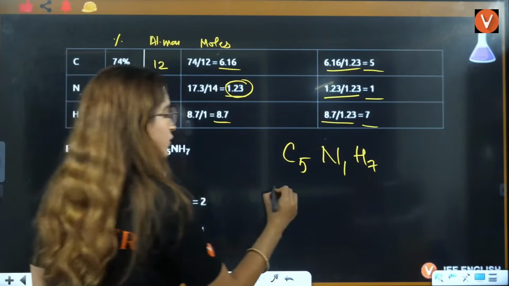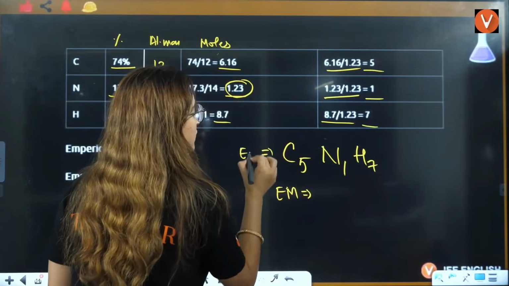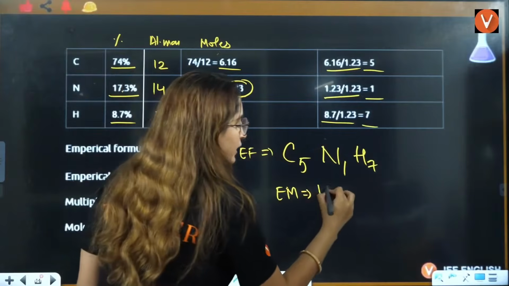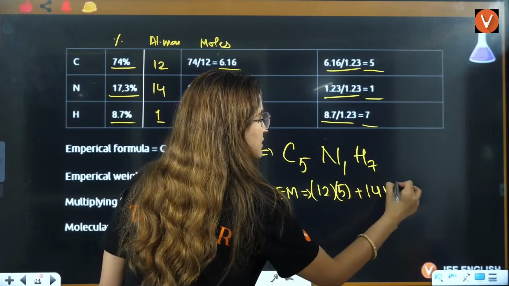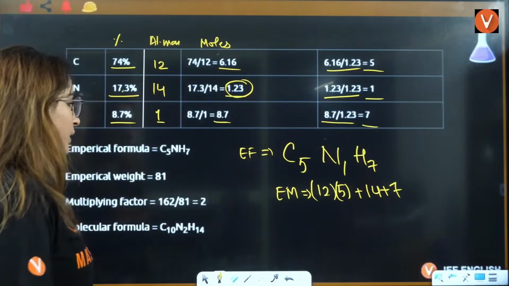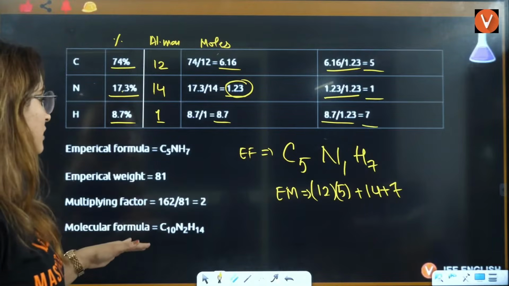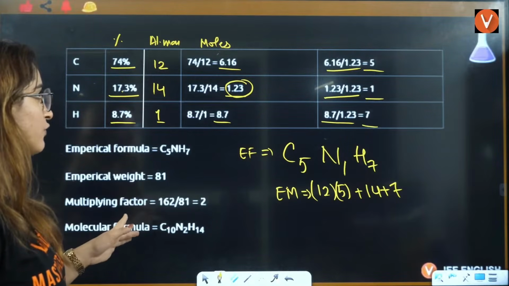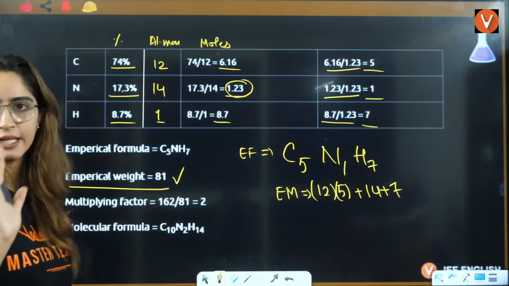Empirical formula is going to be C5N1H7, and we need the empirical mass. Empirical mass will be 12 into 5 plus 14 plus 7 for hydrogen. Now you can see 60, plus 14 is 74, plus 7, that is 81. Yes, empirical mass will be 81, right?